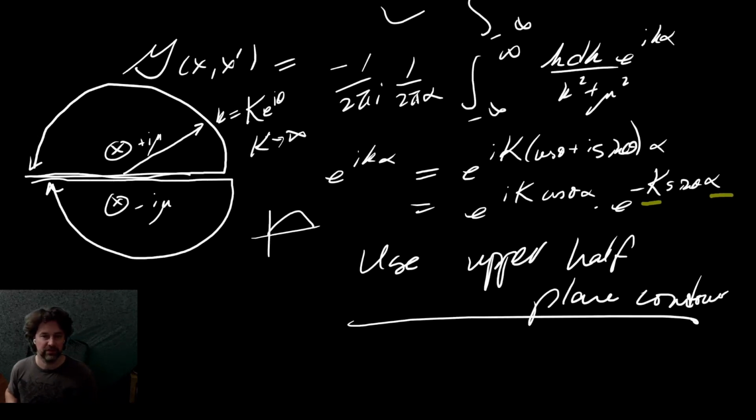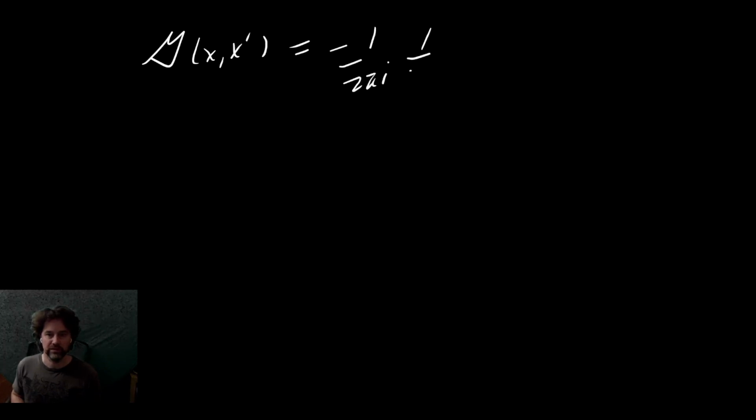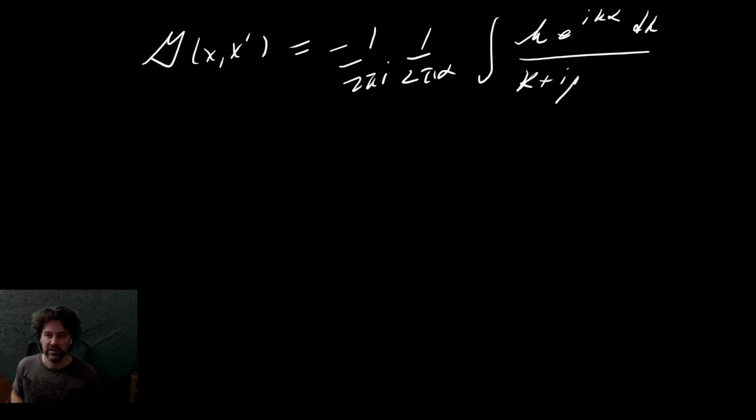So if we use the upper half plane contour, let's rewrite this one more time. I'm just taking a look at it. So g of x, x prime is minus 1 over 2 pi i, 1 over 2 pi alpha, integral of k e to the i k alpha dk over k plus i mu times k minus i mu, and we want to evaluate this around the pole.